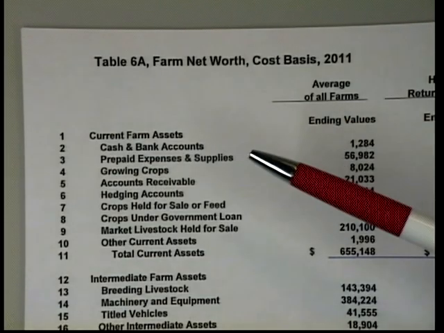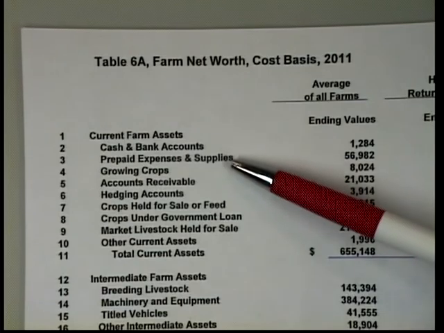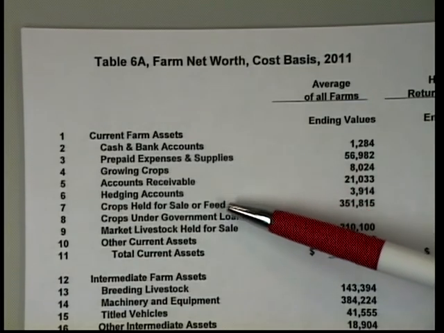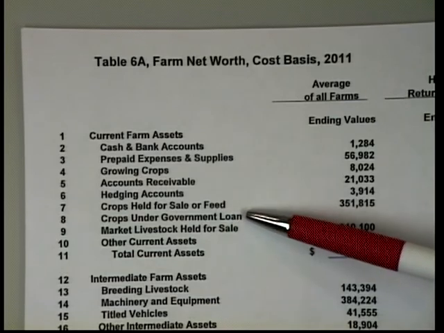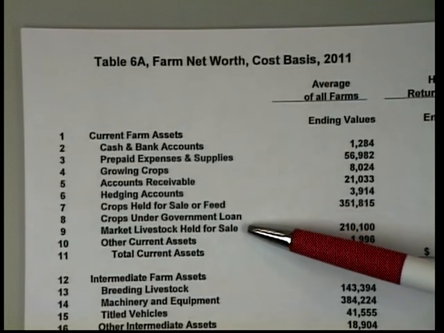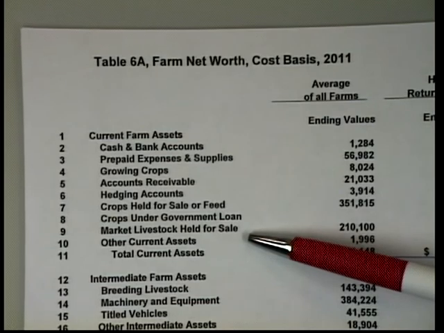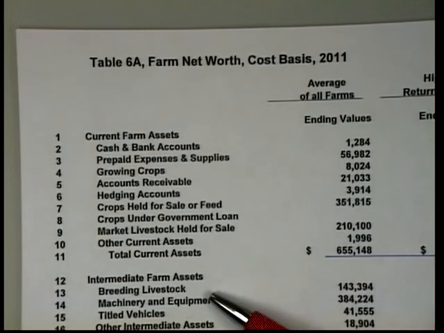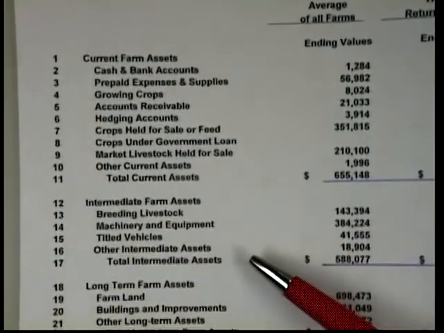All right, you can look at examples of current farm assets: cash, prepaid expenses, growing crops, accounts receivable, hedge accounts, feed and seed, government loan money, livestock, that's feeding, and other assets. So the average farm had $655,000 of current asset. The intermediate assets would be breeding livestock, machinery and equipment, title vehicles.